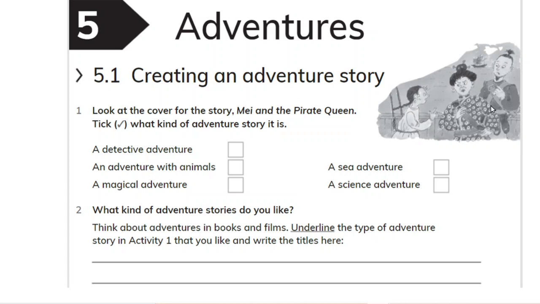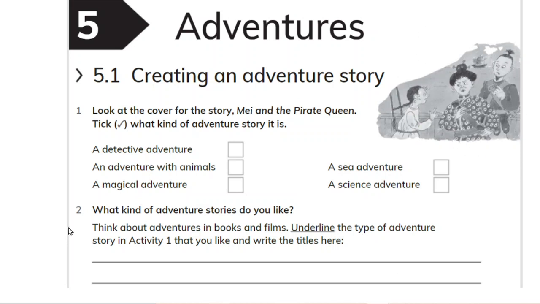Is it magical? Do you think there's any magic? A sea adventure. Do you think it is happening on a ship? Can you see water or another ship in the background? Is it about experiments? Science adventure. So just write one and write whichever adventure you think it is, just by looking at the picture.